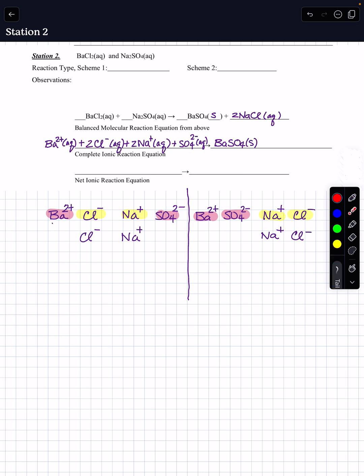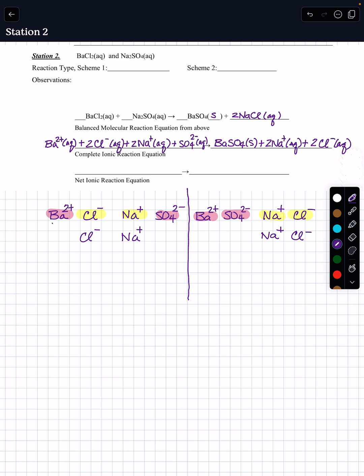On the product side, we've already taken care of this one. We just copied it down. This one is aqueous, and so we need to write the ions separately. Again, this is representing what those separated ions would be. So we have 2 sodium ions and 2 chloride ions. So plus 2 sodium ions, AQ, and 2 chloride ions, AQ.